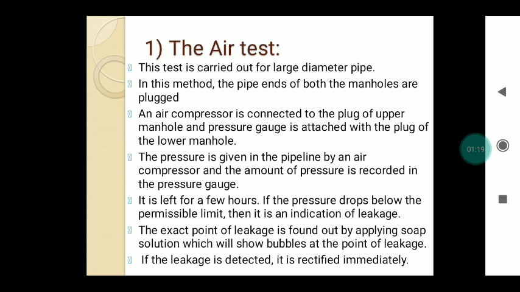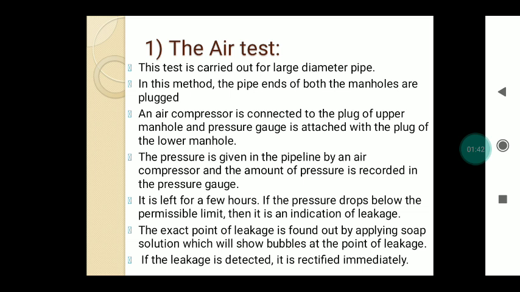A pressure is given in the pipeline by the air compressor and the amount of pressure is recorded in the pressure gauge. It is left for a few hours and if the pressure drops below the permissible limit, then it is an indication of leakage in the sewerage pipe.